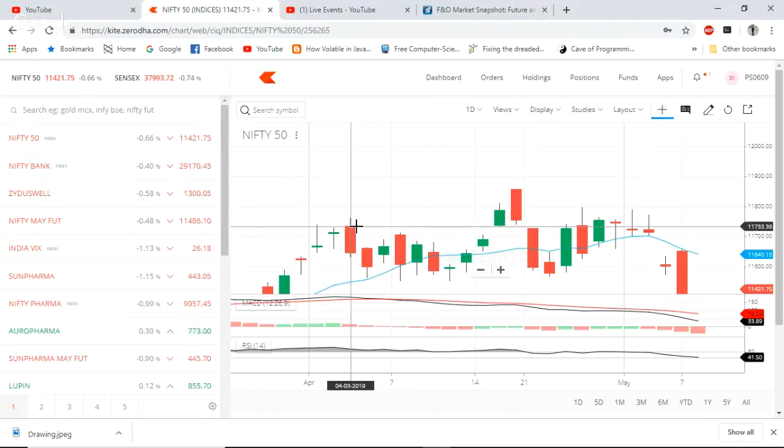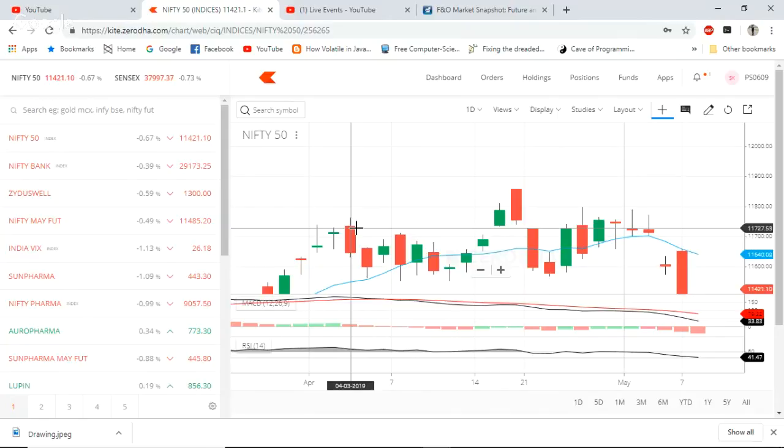In a red candle, we already discussed that the closing price is lower than the opening price. Therefore, whatever is here should be open, and this should be your close. Depending on the color of the candle, these two can be either open and close or close and open. But these two are always the high of the day and the low, irrespective of what the other two indicate. That's quite simple, right?